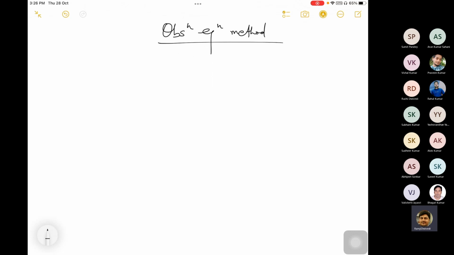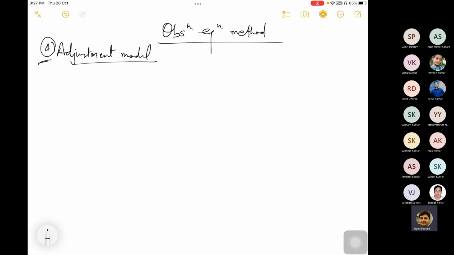From the geoinformatics methodology which we studied in previous classes, there are certain steps, and after the measurement you have to form the mathematical model or adjustment model. That step is probably the fourth step, I guess.